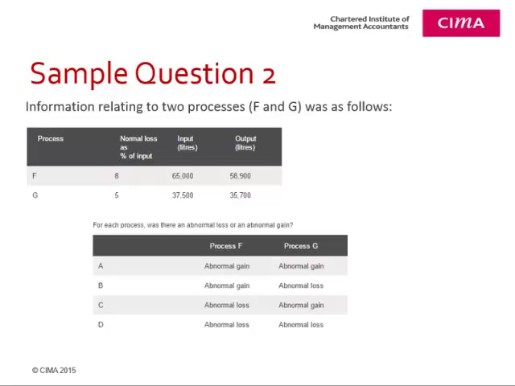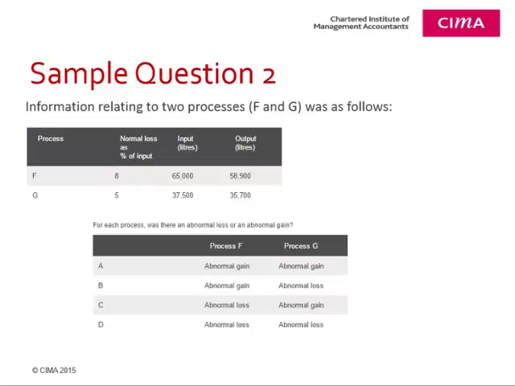The input was 37,500 liters, so the expected output was 35,625. The actual output was 35,700 liters. The actual output was more than expected, and so there was an abnormal gain. So now we can choose the correct choice, C. An abnormal loss for F and abnormal gain for G.